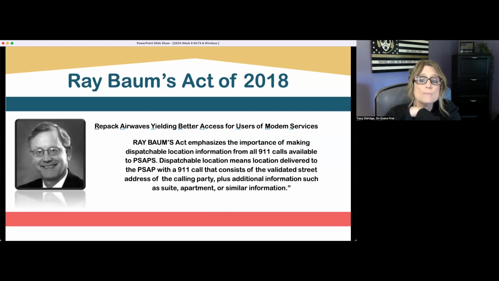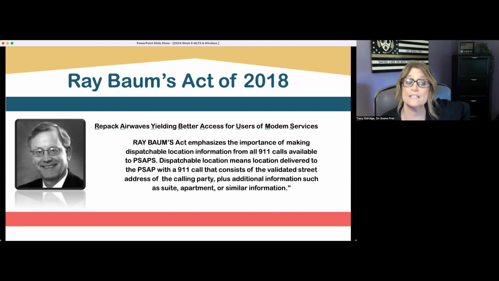While BAUM'S name is the name of a person who had played a very significant role in many legislative things in 911, they use his name as an acronym. I don't think you're going to need to know the pieces of the acronym, and I'm not even sure what they mean, but this is what it stands for.